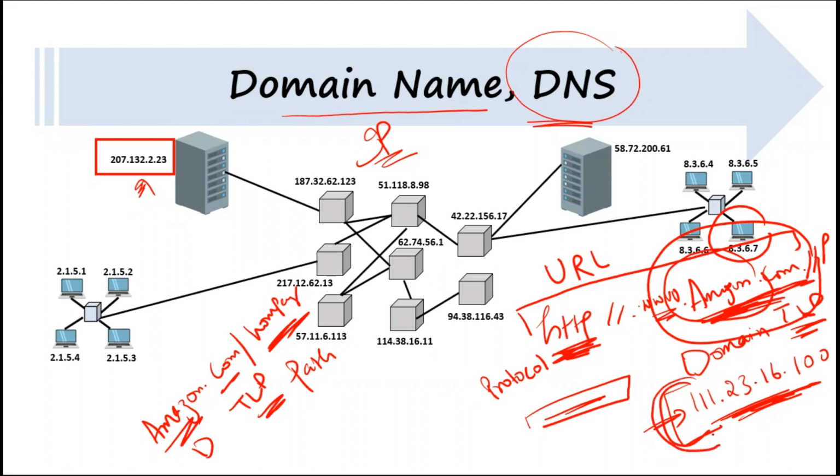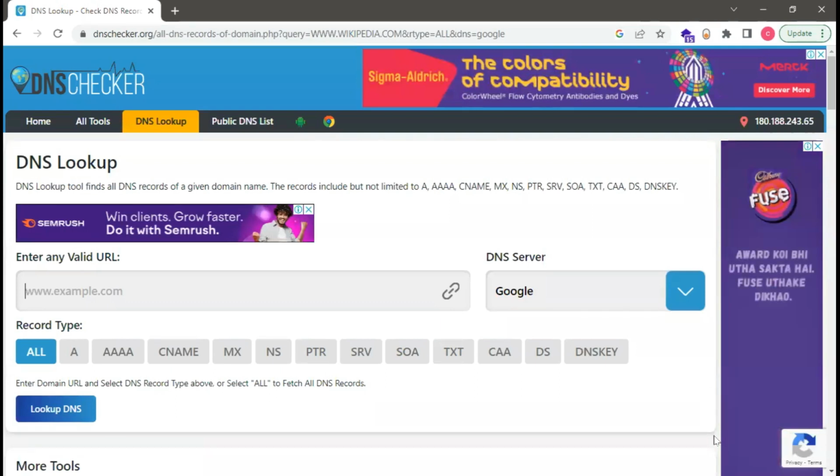So let me show you a website where you can check the domain and figure out the IP address. Let's pull up that website. Yeah, this is the DNS checker website.